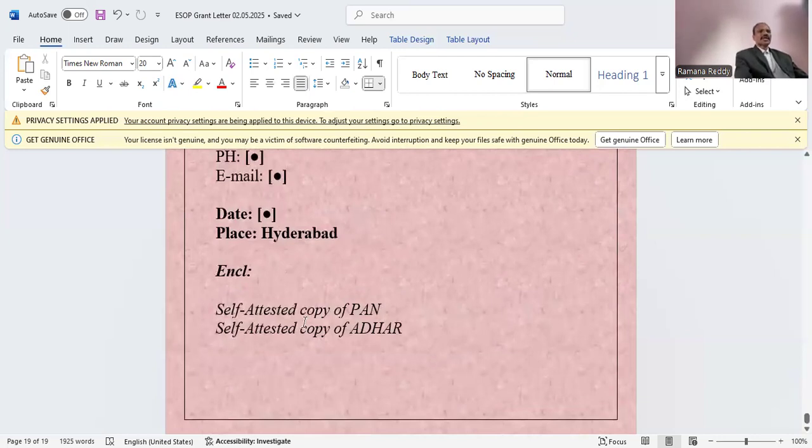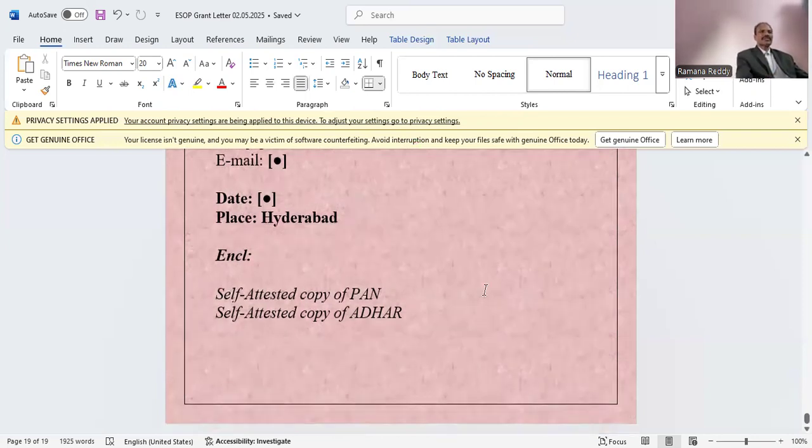Then a self-attested copy of the PAN and a self-attested copy of the Aadhaar of the employee, and one set will be given to the employee, and the nominee's details will also be given. Nominee Aadhaar, nominee PAN. So these are all the details that will be given along with the letter.